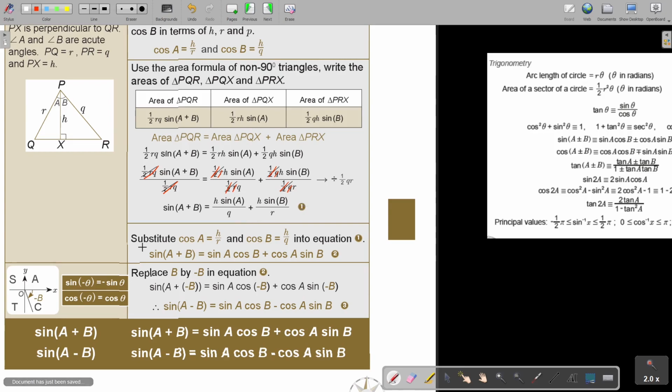Now, substitute. You remember cos A is h over r.